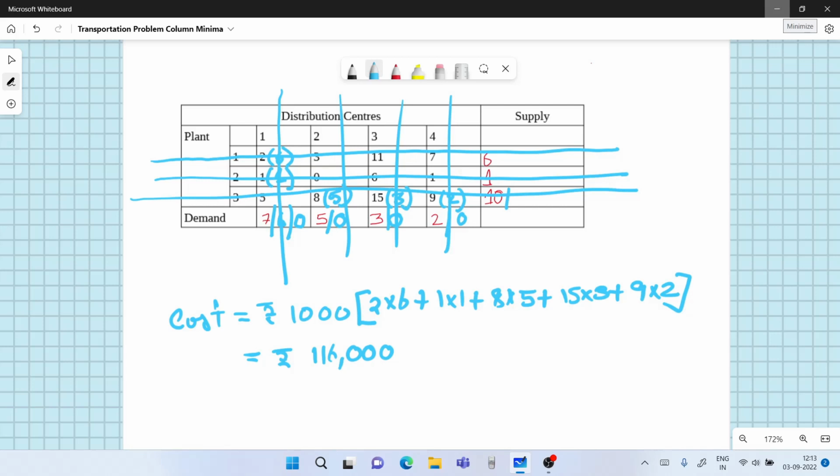Now just have a look at the link on the top. The same problem has been solved using the northwest corner method. The optimized cost using the column minima method and that of the northwest corner method is the same. But you will also find in the same playlist a video on the row minima method, which gives you an optimized cost which is lesser than the cost we have obtained here.